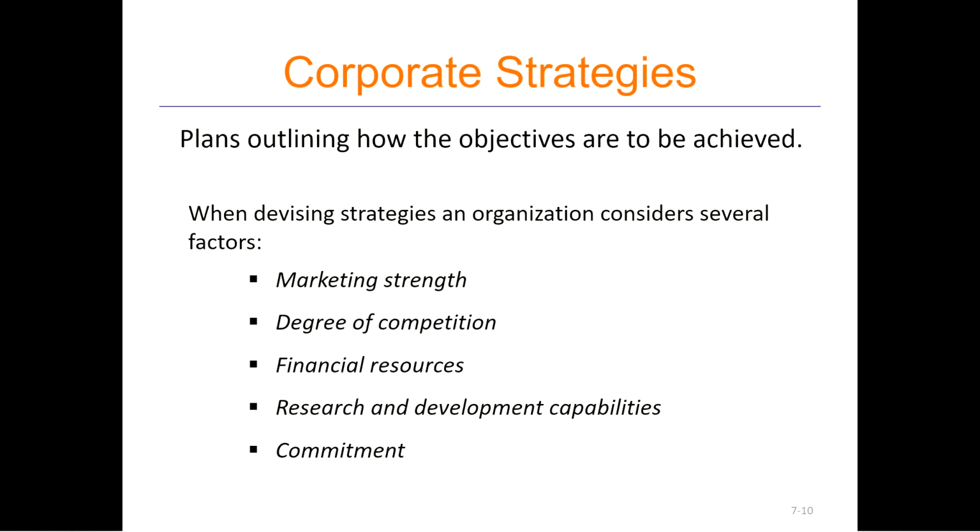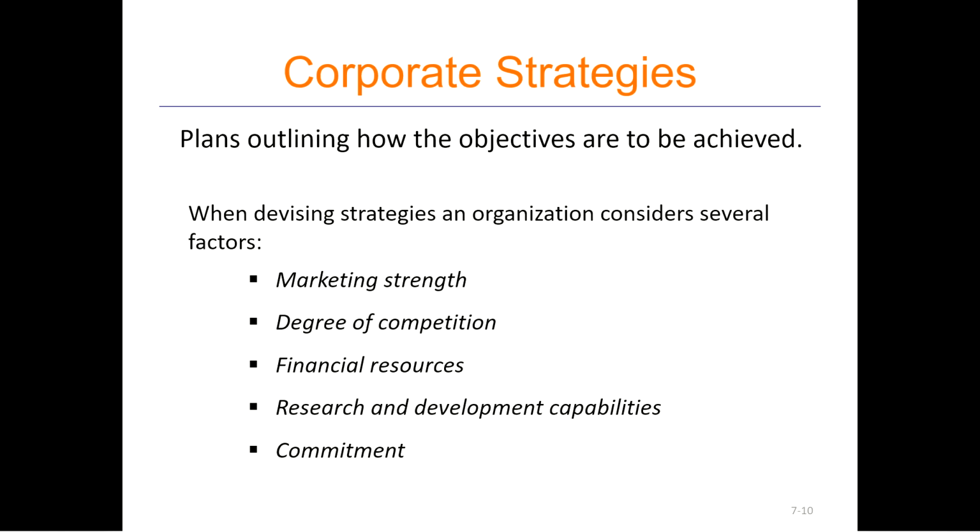Corporate strategies are plans outlining how the objectives are to be achieved. When devising strategies, an organization considers several factors: marketing strength, degree of competition in the markets the company operates in, financial resources, research and development capabilities, and commitment.